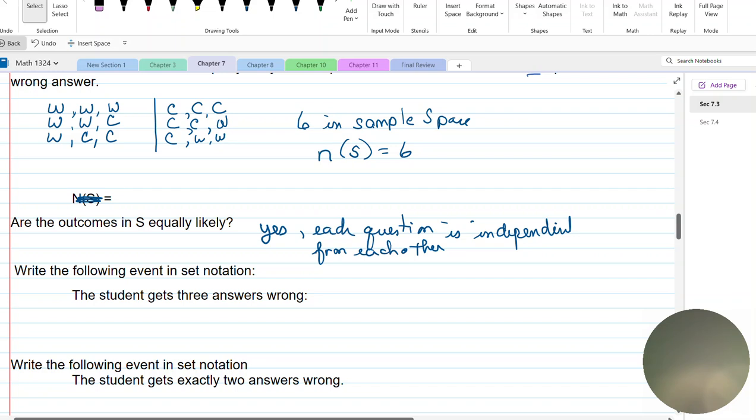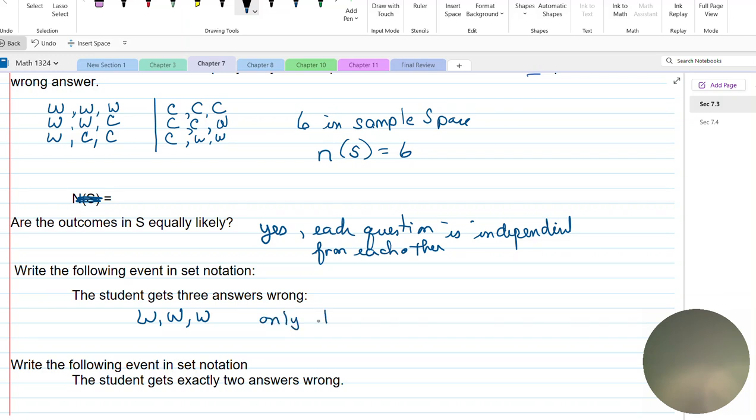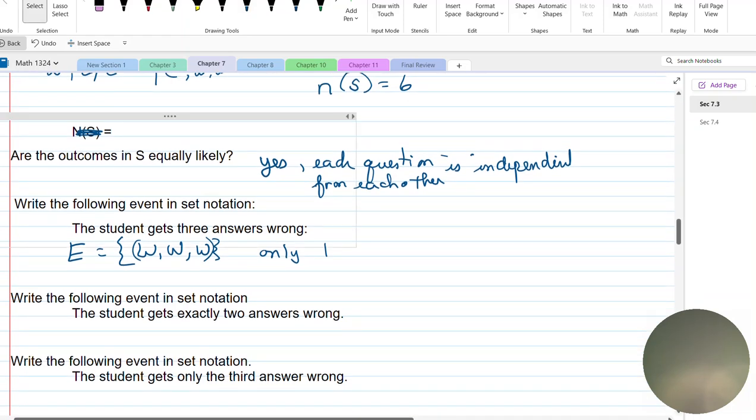The student gets all 3 answers wrong. There's only one in that set of the event. Now write the event in set notation: the student gets exactly 2 wrong answers.